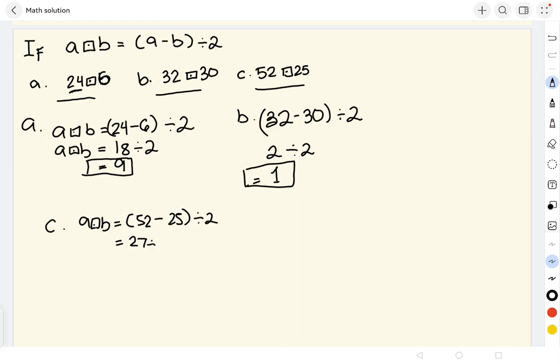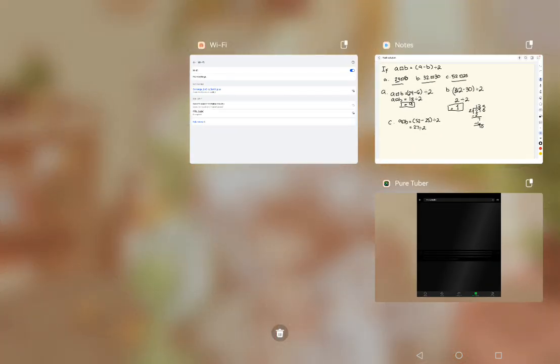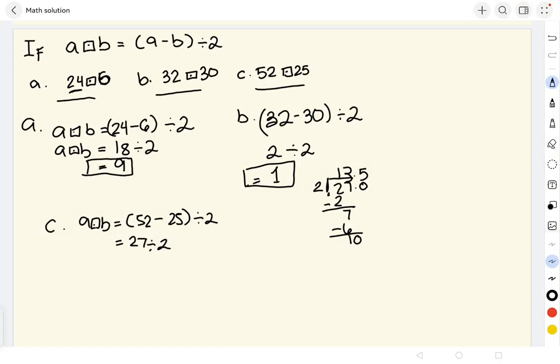And 27 divided by 2, did I get that correctly, 27 divided by 2 will get us into a decimal number. Am I right? Yeah. So we add decimal and we get 13.5.